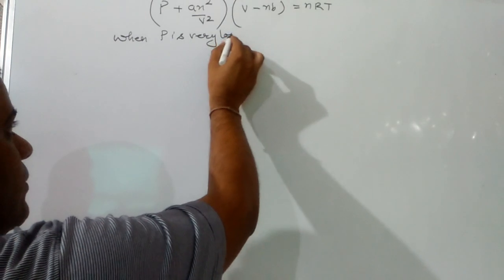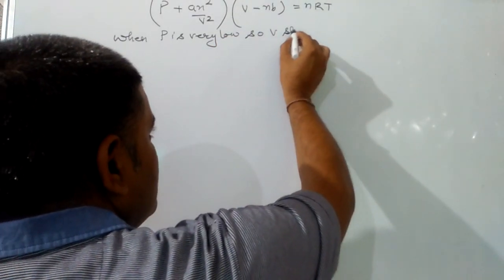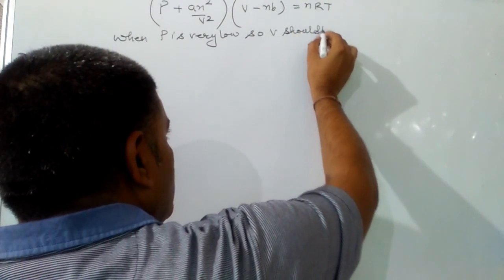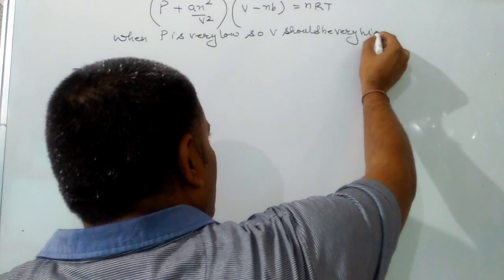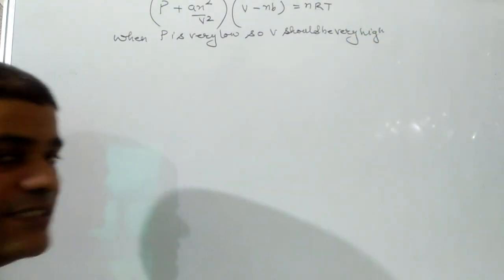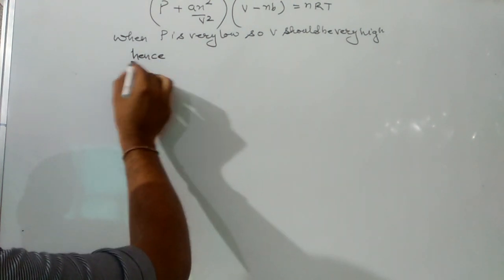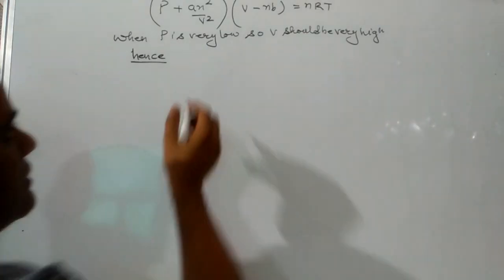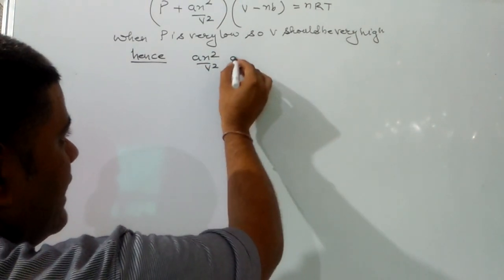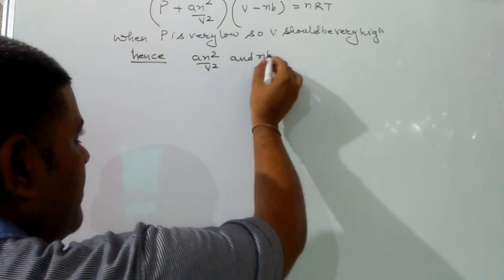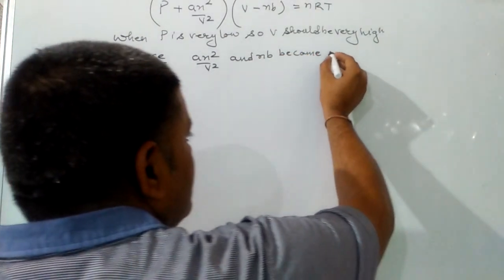When pressure is very low, V should be very high. Hence, an²/V² and nb become negligible.